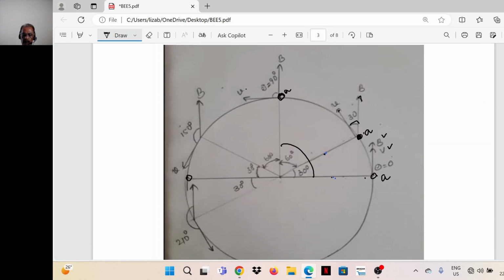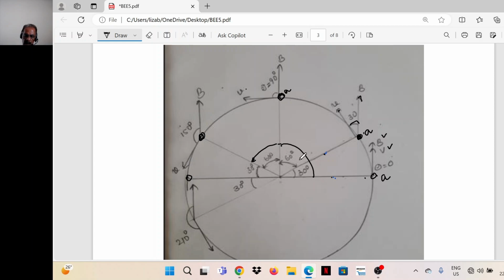Okay. Now assume it is moving further through another 60 degrees. That means the conductor A comes here. So here what is the angle between flux density and velocity vector? It is 150 degrees.